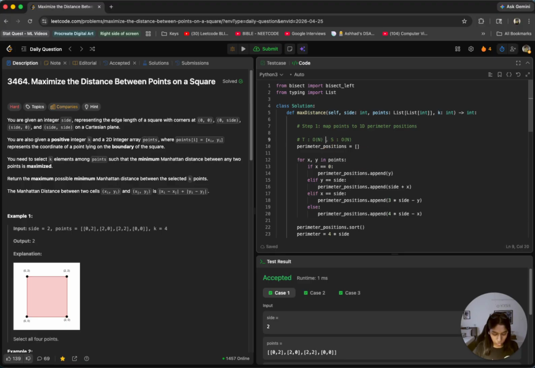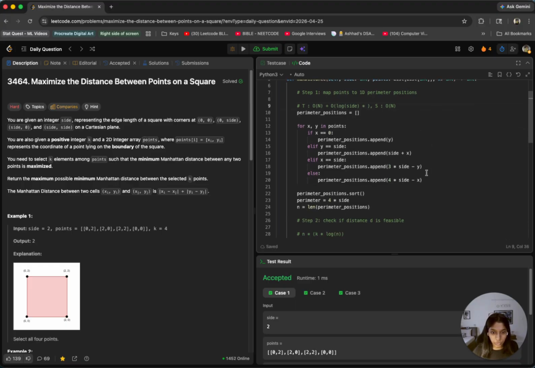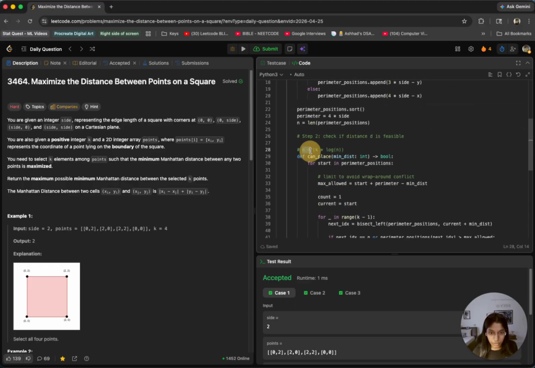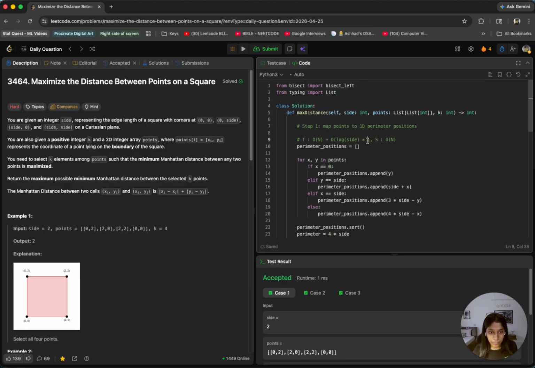It's going to be O of n plus O of log of side into whatever we got from here, n times k log n. If we look at the most dominant part of this, it's actually this O of log side into n times k log n. So we can just ignore this n. But yeah, the space is O of n, and this is the optimal solution.